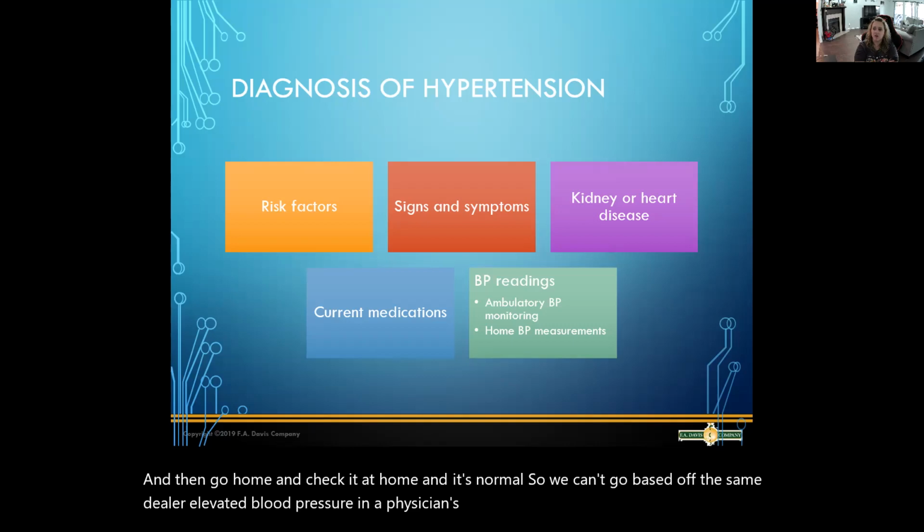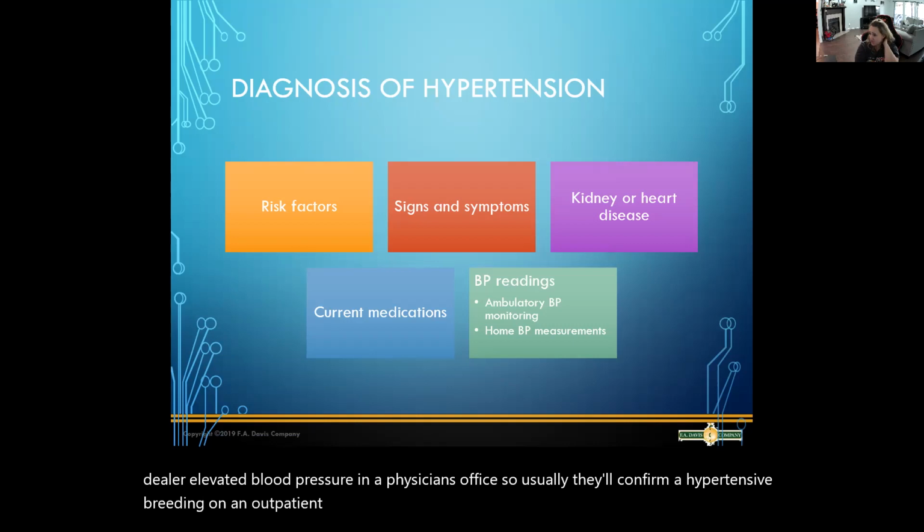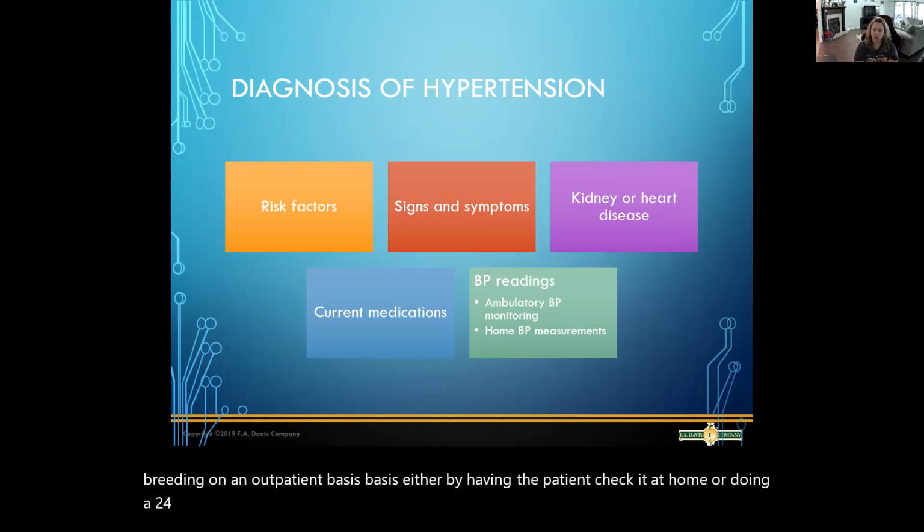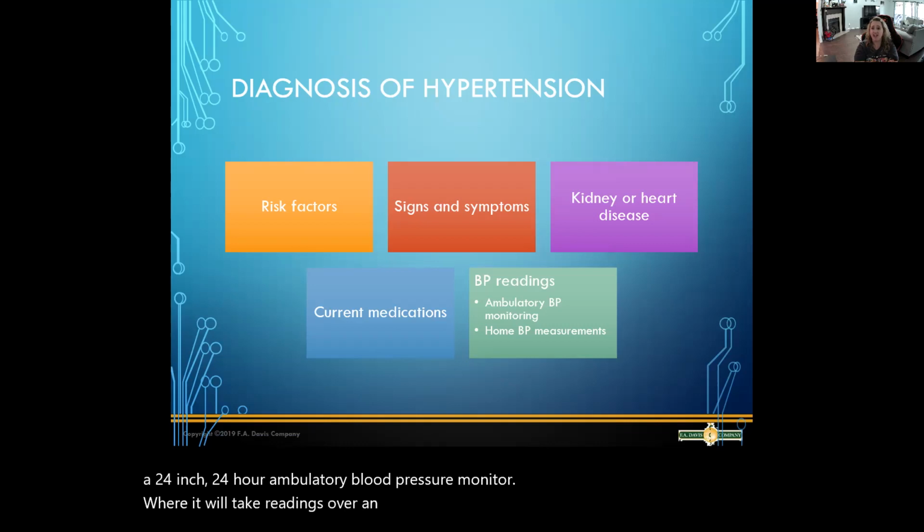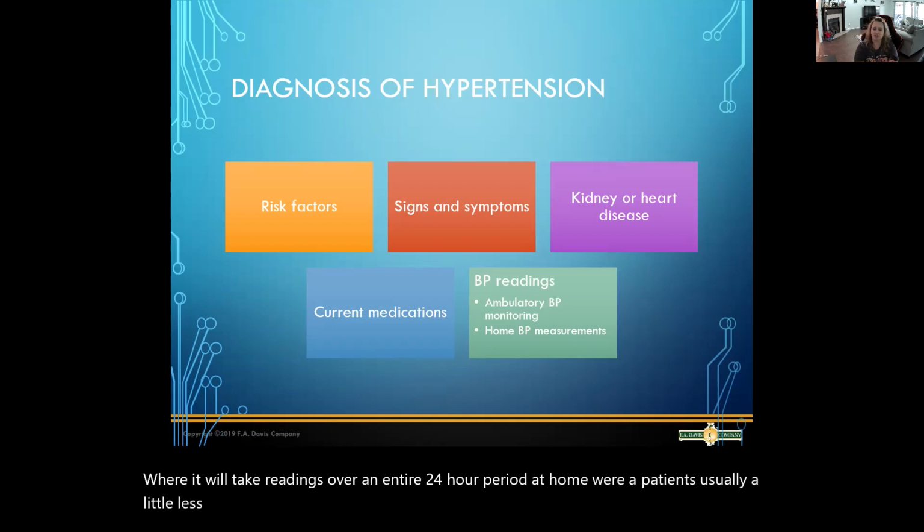So usually they'll confirm a hypertensive reading on an outpatient basis, either by having the patient check it at home, or by doing a 24-hour ambulatory blood pressure monitor, which takes readings over an entire 24-hour period at home, where a patient's usually a little less stressed than in the doctor's office.